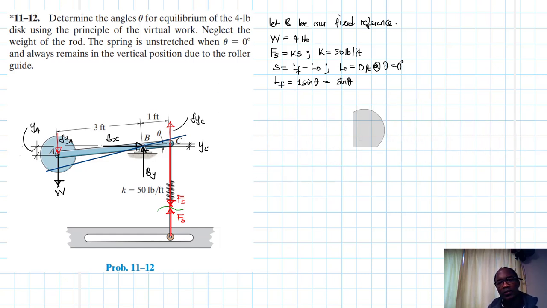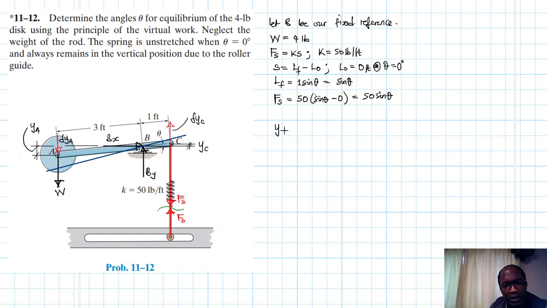Great. Therefore, the spring force Fs is just equal to 50 times L final, which is sine theta, minus 0, and this just gives us 50 sine theta.